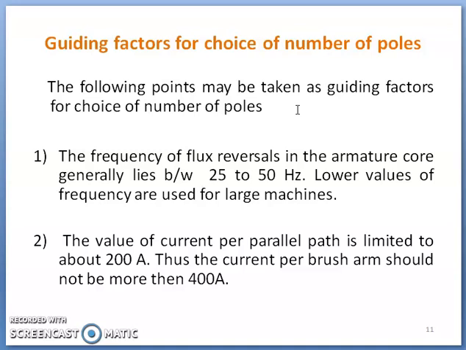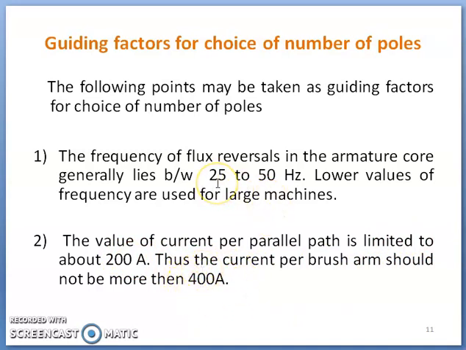Basically, there are three guiding factors taken as reference before fixing number of poles: frequency of flux reversal, then current per parallel path. If current per parallel path is to be limited to 200 amps, then current per brush arm should not exceed 400 amps. So this is also given in the design problem.